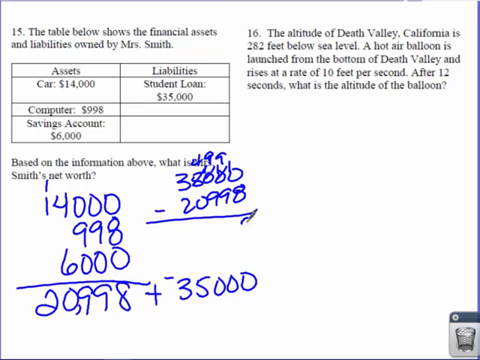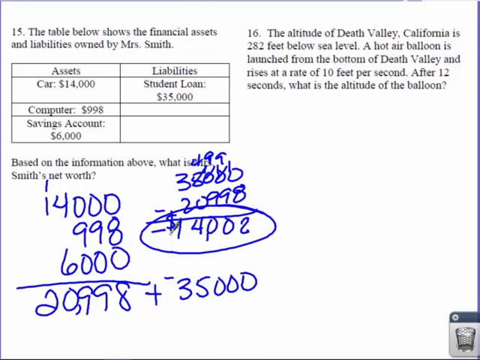So 10 take away 8 is 2, 9 and 9 make 0, 9 and 9 make 0, 4 and 0 make 4, 3 and 2 make 1. So we end up with $14,002, but since the $35,000 is the one that has the greater absolute value, you have a net worth of negative $14,002. Okay, oh, put the dollar sign.